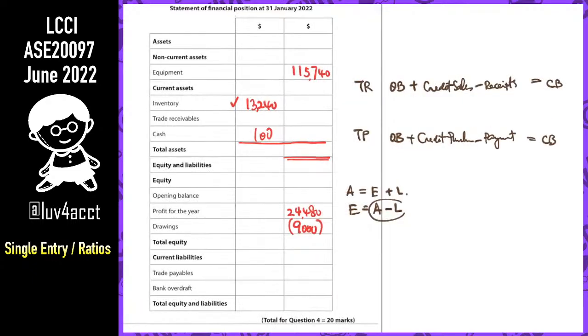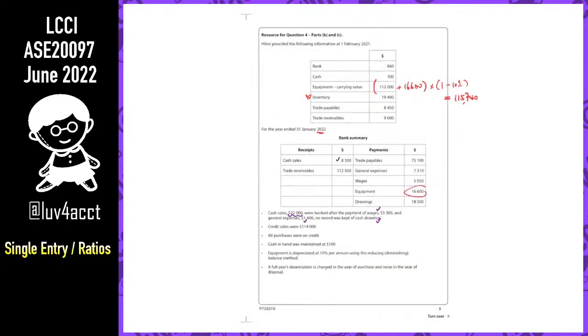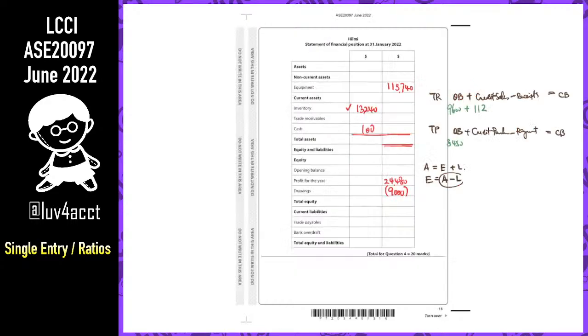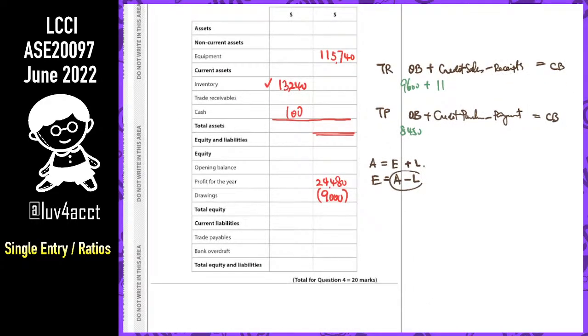Opening balance of receivable 96008450. Credit sales 112, is it? Or 114? Oh, 114000. Credit purchases we have already calculated in the last part, 75440.